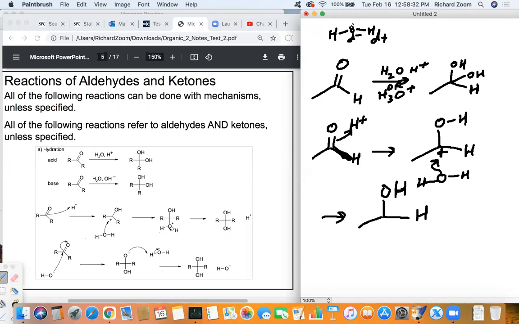The oxygen is more electronegative, and it's considered to be the electron source here. So the O will be attracted to the plus, and you'll notice what the arrow is doing. It's coming from the O and going to the C plus, or the space in between the two.